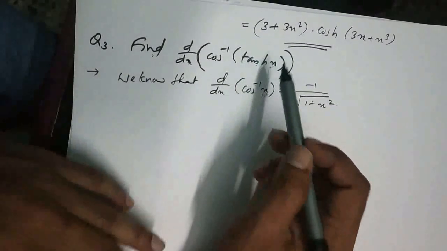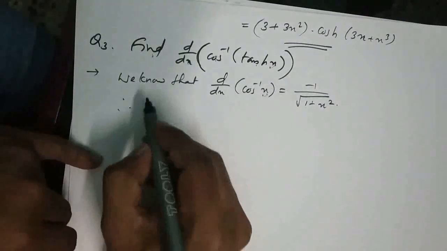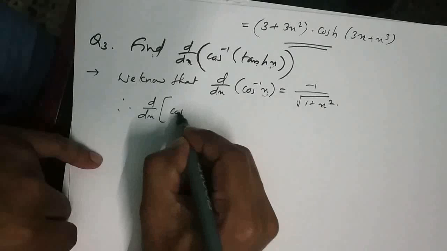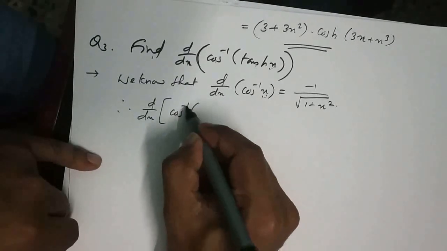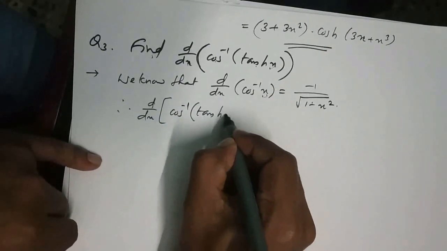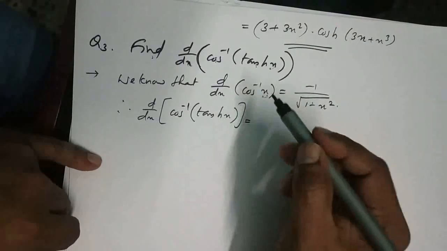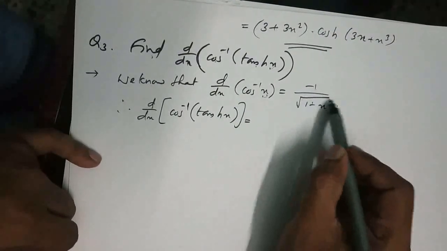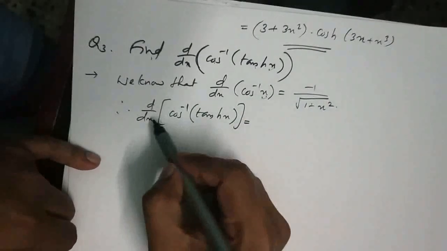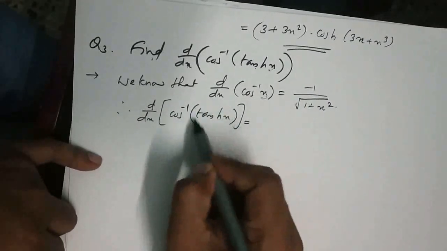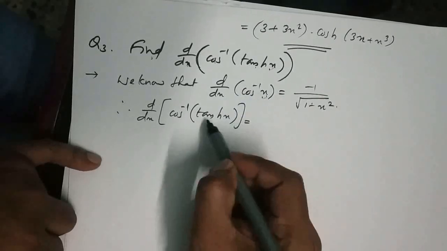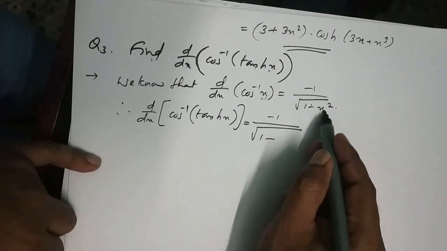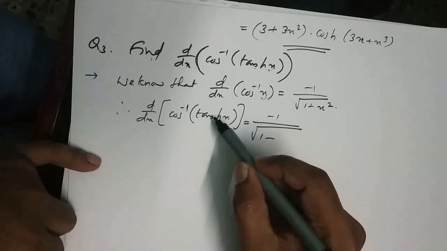Okay, so by the chain rule, d by dx of cos inverse of tanh x, replacing x by tanh x, will be negative 1 by root of 1 minus x square, so here x is tanh x.